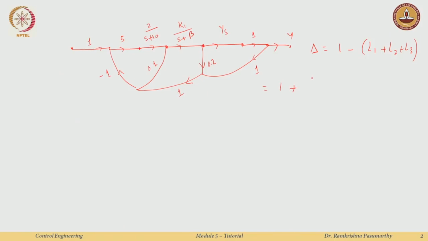So, I have 1 over s plus 10 plus, I look at the other one, this one. So, I have 10 times k1 over 0.2, sorry, something is wrong.